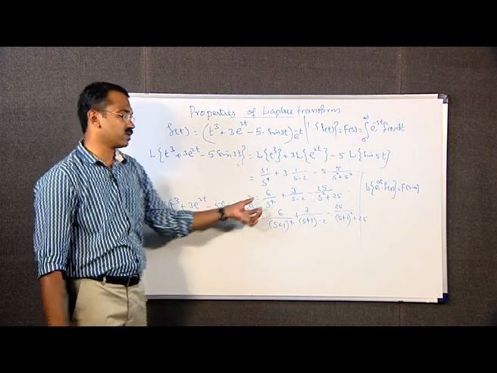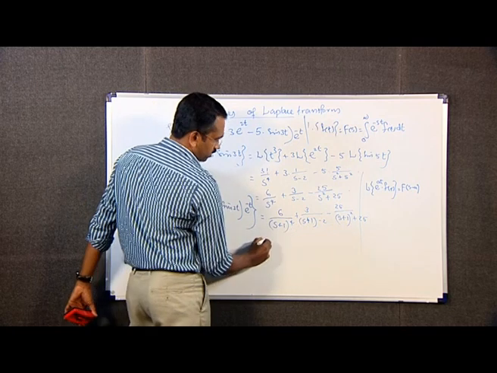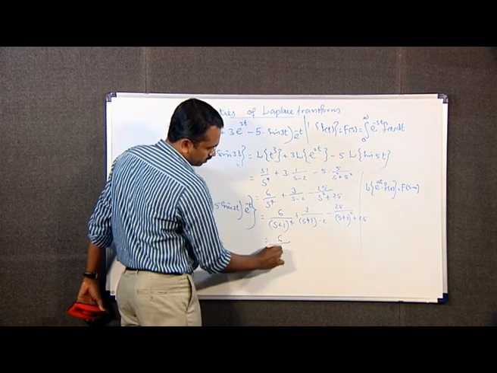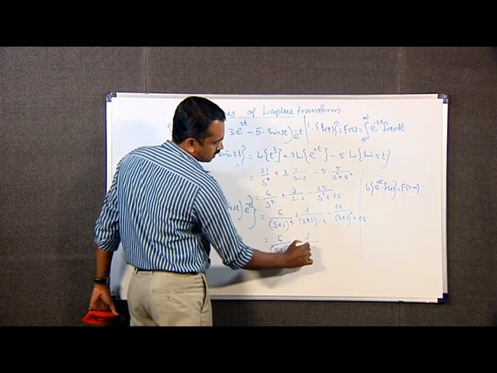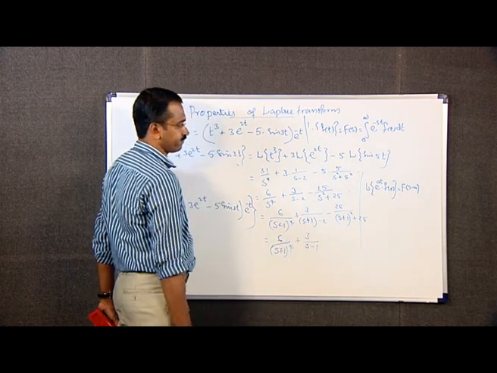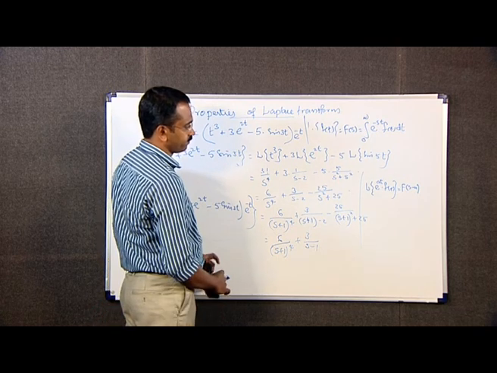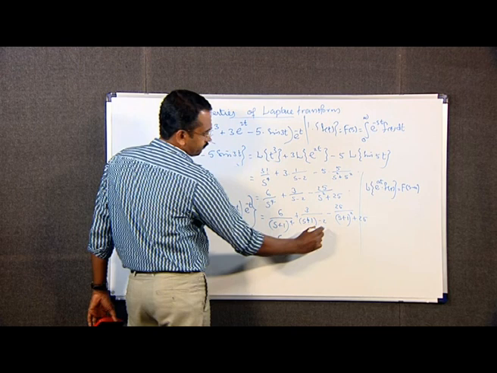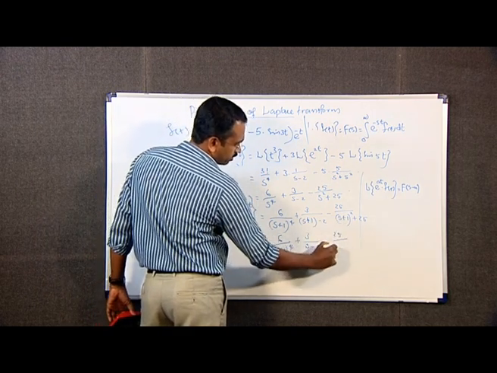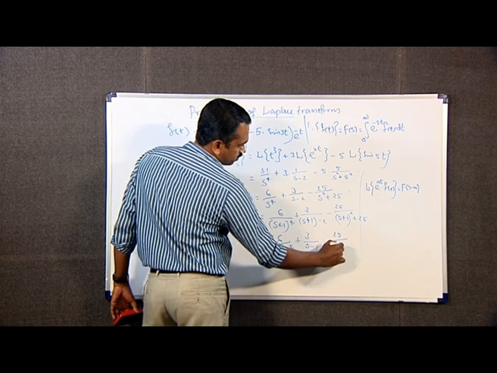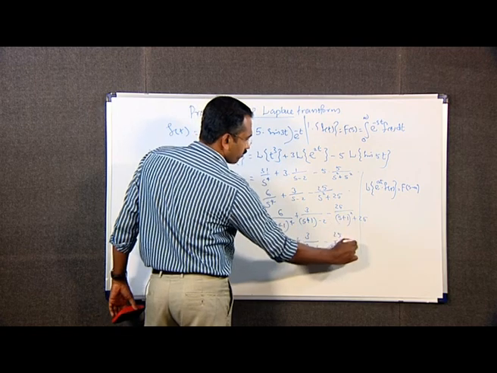We just replaced s by s plus 1. It is 6 by s plus 1 all raised to 4 plus 3 by s minus 1, minus 25 divided by s square plus 2s plus 1 plus 25 is 26.